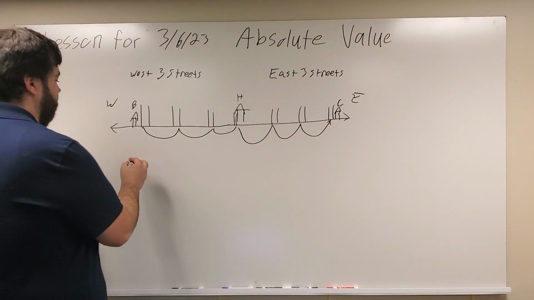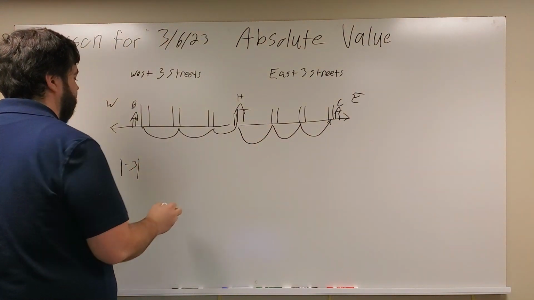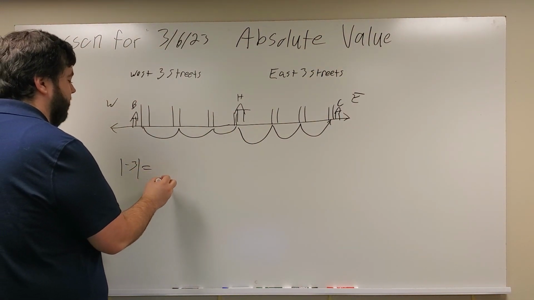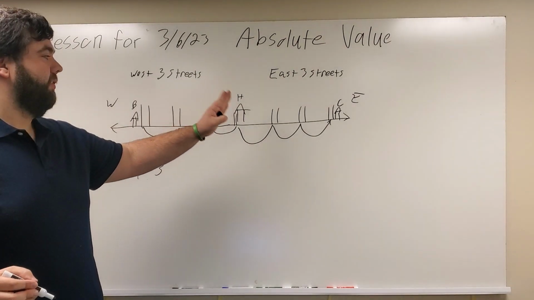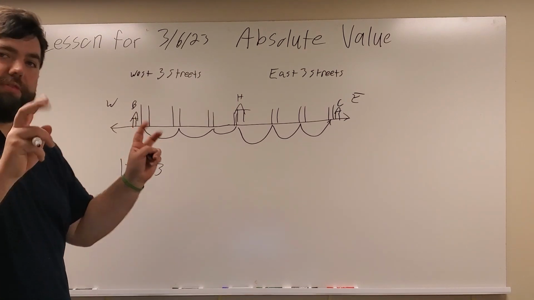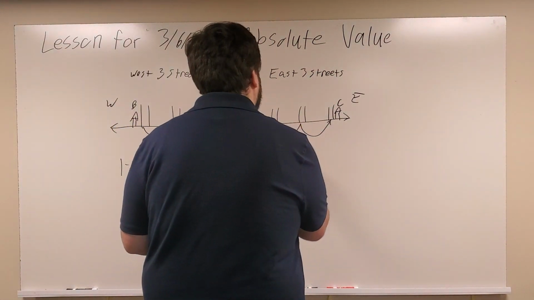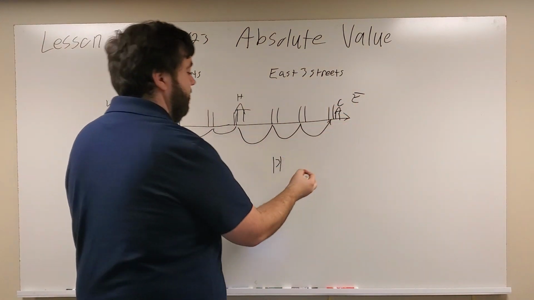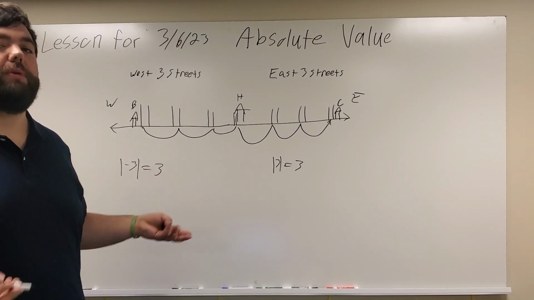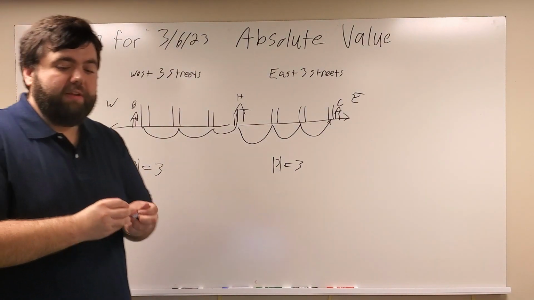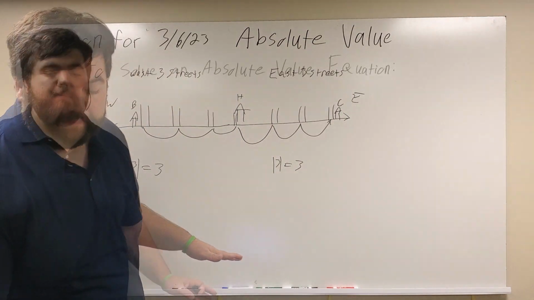So if this was -3 on our number line, we would say the absolute value of -3 is 3, because the distance between 0 and -3 is 3 spaces. Just like the absolute value of 3 is also equal to 3, because there are 3 spaces between the two. All right, so I just wanted to do that review real quick. Now we're going to hop into the new stuff.